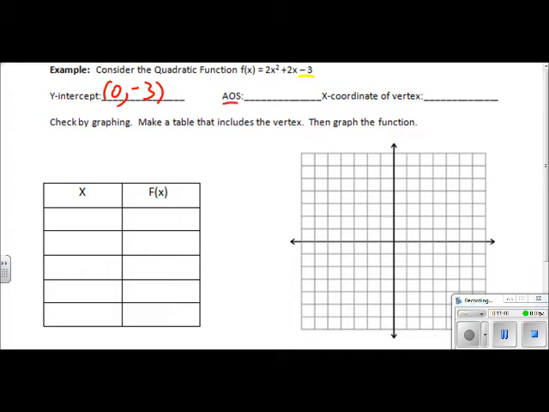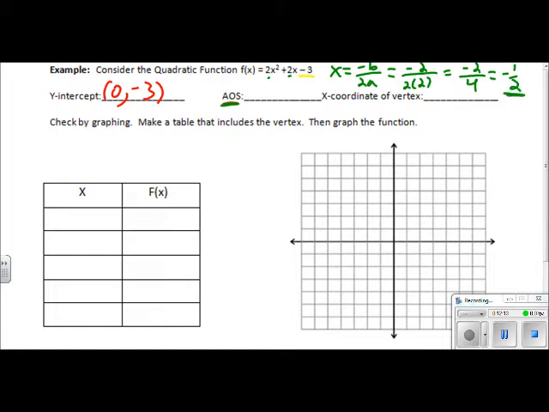Our axis of symmetry, and we'll do this one in green, remember our x coordinate of the vertex is always negative b over 2a, which in this case b is 2, so we'd say negative 2 over 2 times 2, in which case we have negative 2 over 4, which reduces to negative 1/2.